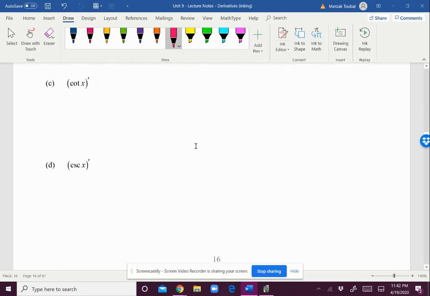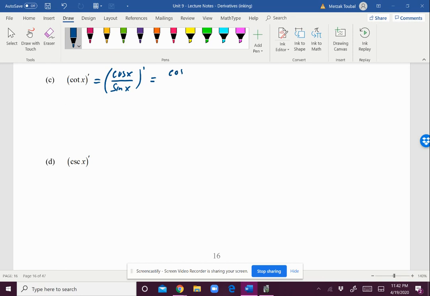Let's do the cotangent. I'm going to use the same check. Cotangent is the ratio of cosine over sine. So we apply the quotient rule, which says derivative of the numerator times the denominator minus derivative of the denominator times the numerator over the denominator squared.